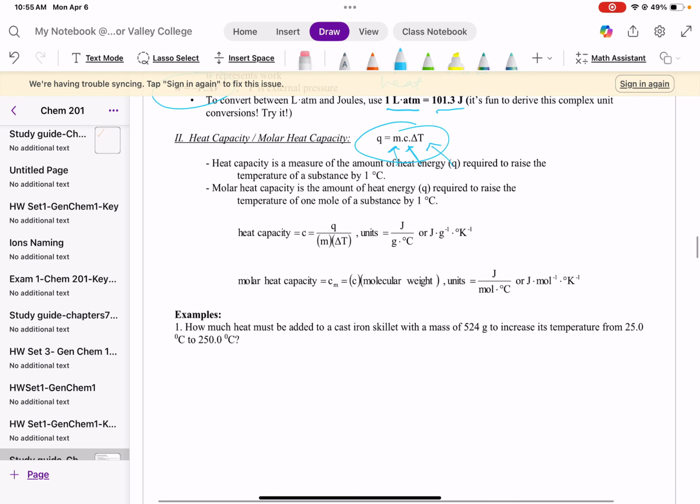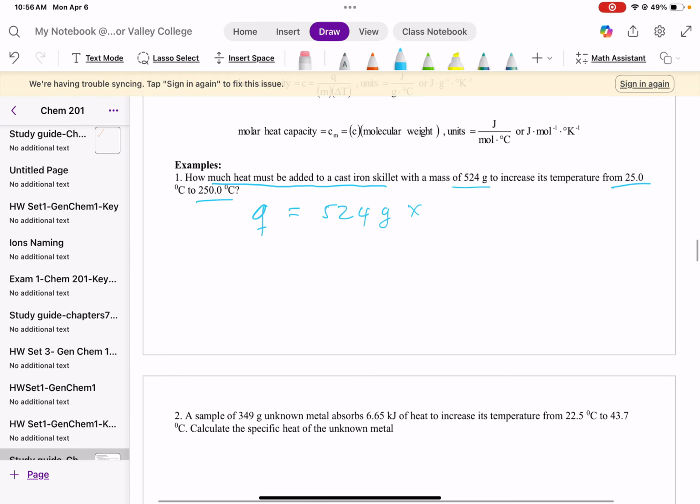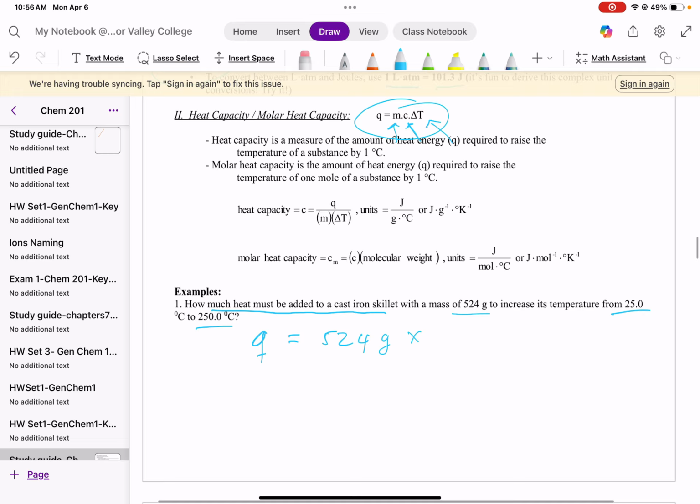For example, how much heat must be added to a cast iron skillet with a mass of 524 grams to increase the temperature from 25 to 250 degrees Celsius? Heat equals mass times C. We don't know what C is, but we can look it up.